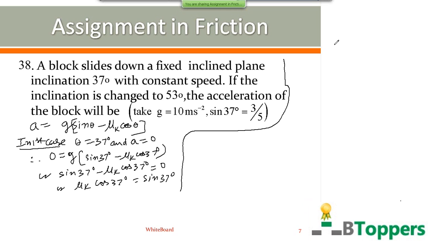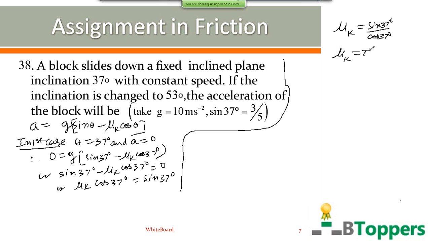So you get the coefficient of kinetic friction between the block and inclined surface equal to sin 37 degrees by cos 37 degrees, or the coefficient of kinetic friction between the block and inclined plane is equal to tan 37 degrees.